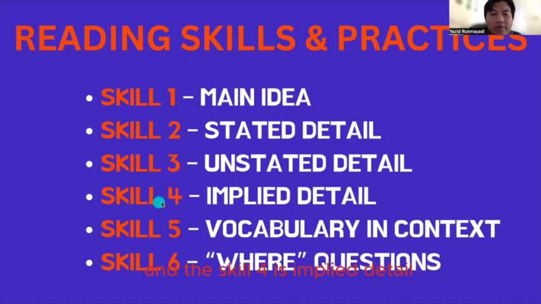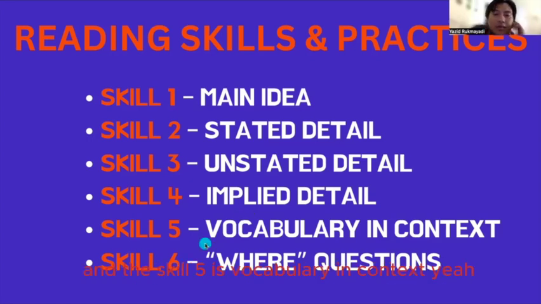And skill four is implied detail. So you need to be able to conclude, to find the meaning implicitly, not explicitly. So you need to know the implied meaning based on the passage or the information given in the text.